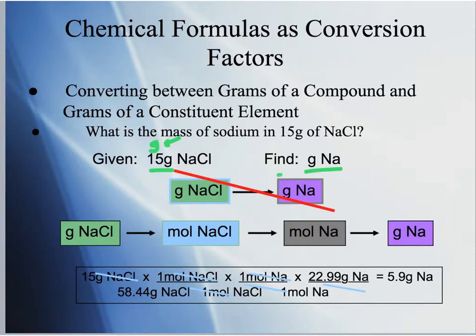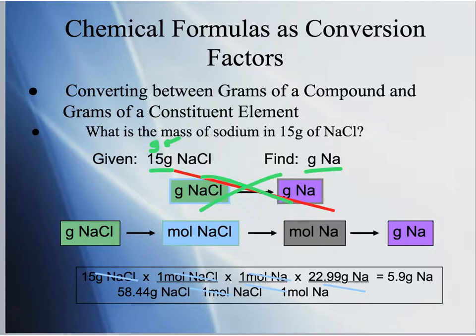We cannot do that directly because remember, the periodic table gives us the molar mass. Okay, so it gives us how many grams are in a mole. So we can't just go grams of one guy to grams of another. And I know we talked about it and you guys learned about that concept in regular chemistry in our stoichiometry unit.